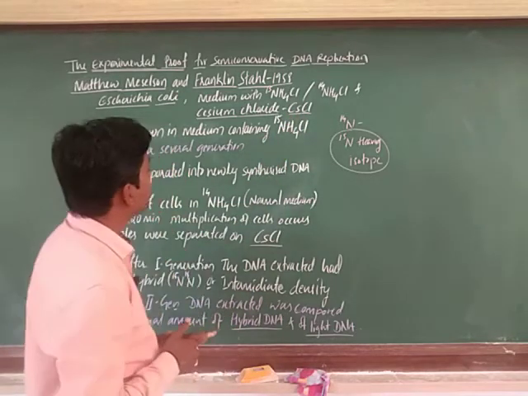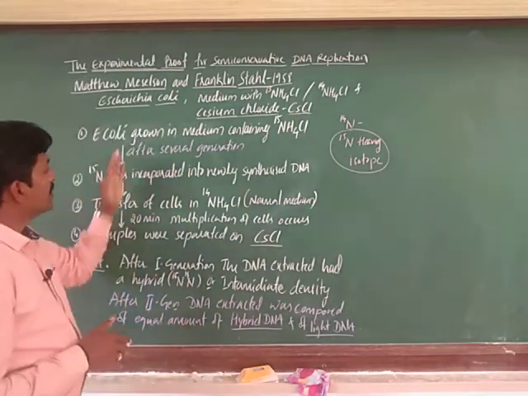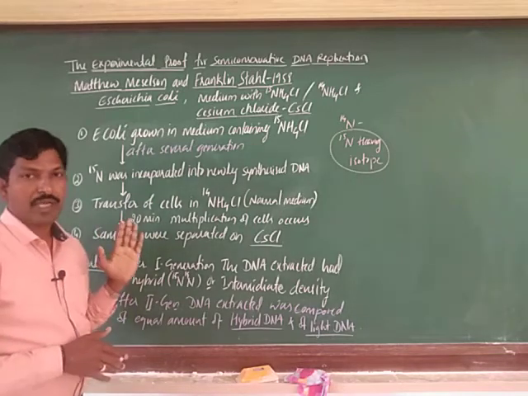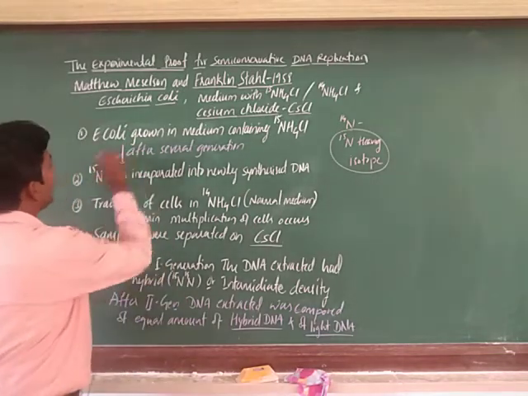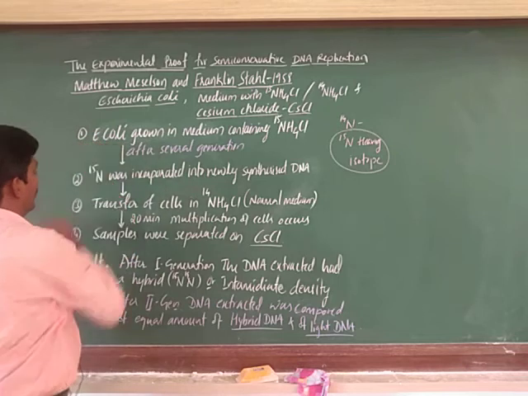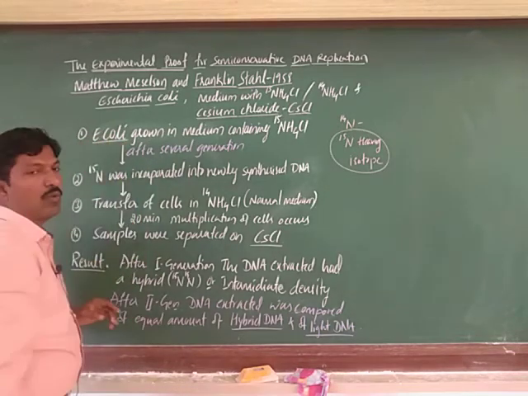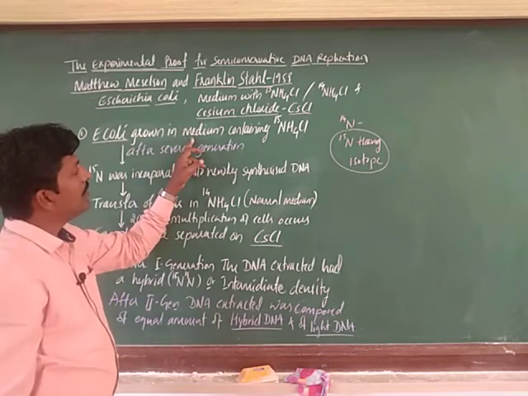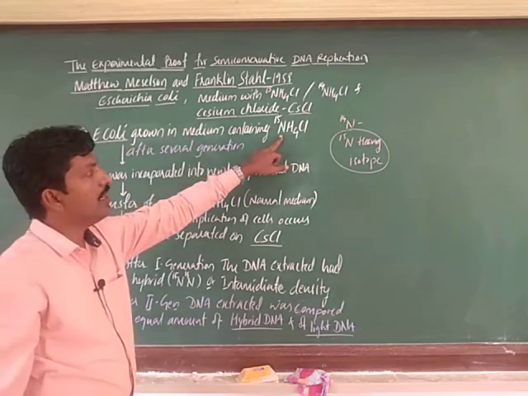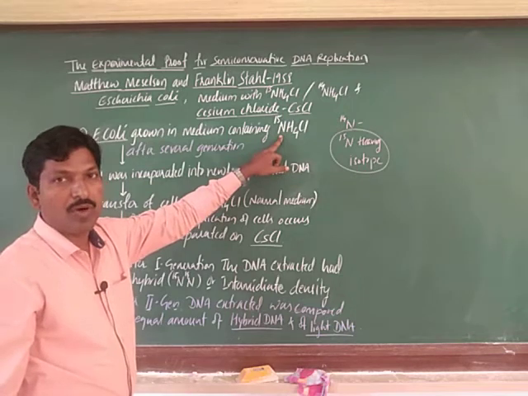Next, the steps involved in this experiment. In the first step, they grew the E. coli on the medium containing this heavy isotope of nitrogen.